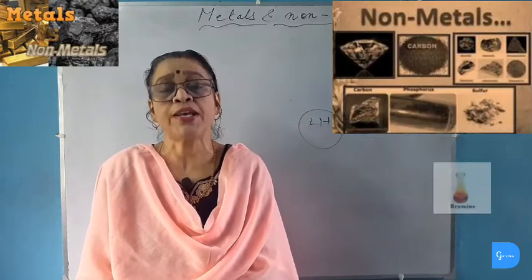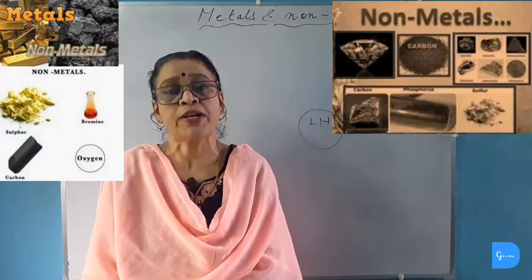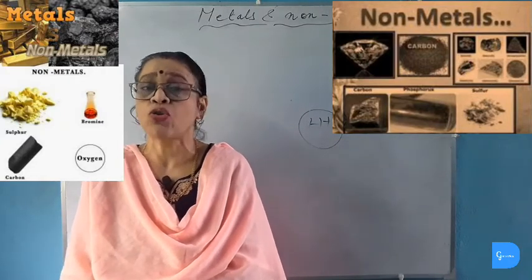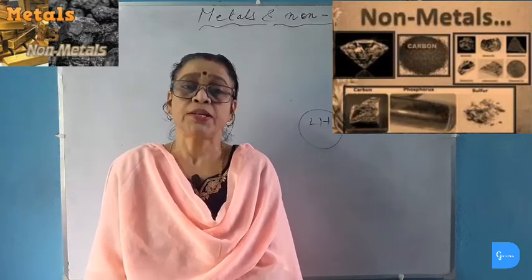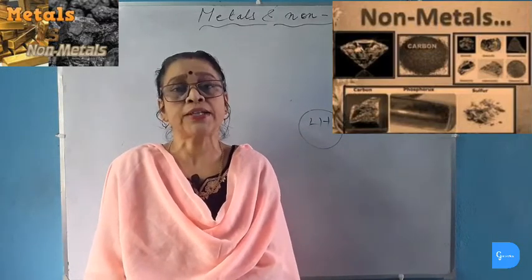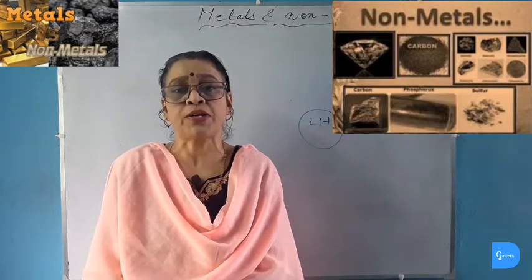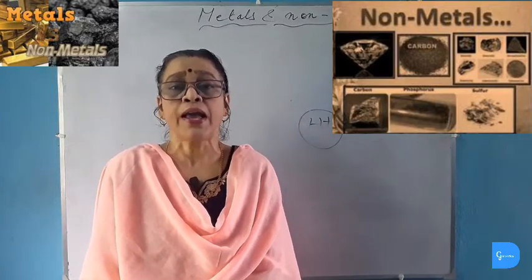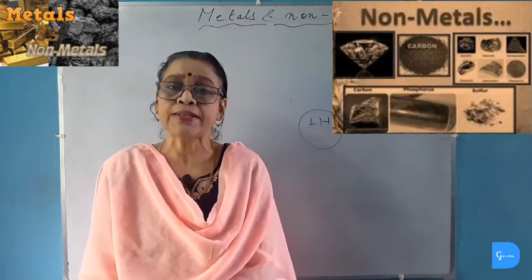Thus, bromine is a liquid non-metal, and the other remaining 11 non-metals are gases like oxygen, hydrogen, nitrogen, chlorine, and all the inert gases are non-metals. The most abundant non-metal in the earth crust is oxygen, which occupies about 50% of the earth crust. And the second most abundant non-metal is silicon, which occupies about 26% of the earth crust.